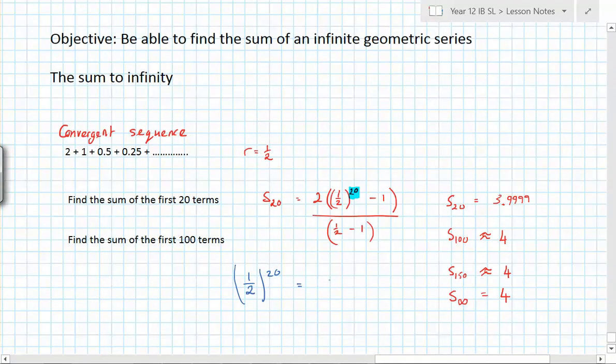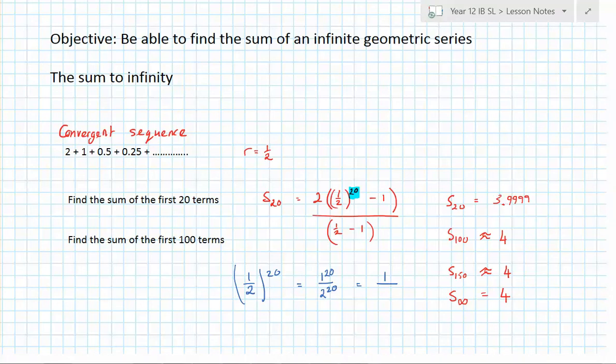It's a half times half, but it's also 1 to the power of 20 over 2 to the power of 20. 1 to the power of 20 is 1. 2 to the power of 20 is a big number. If you make the denominator of a fraction really big, what does that do to the fraction? It makes it really, really small.